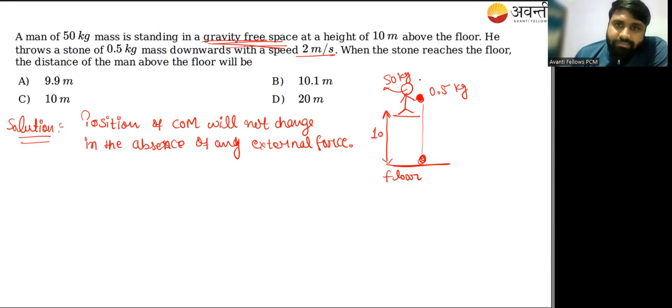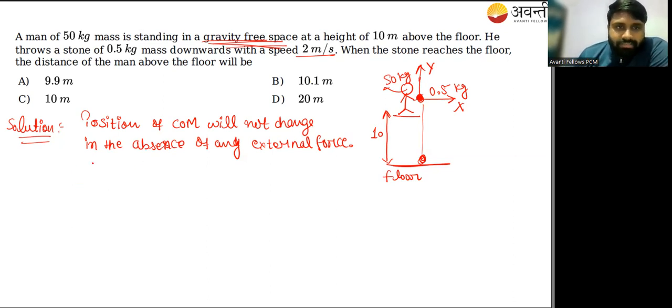So we can consider our axis system on this point also, x and y. So we should calculate y center of mass, because in the x direction no motion is taking place here.